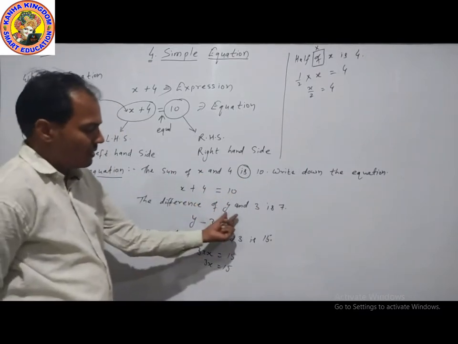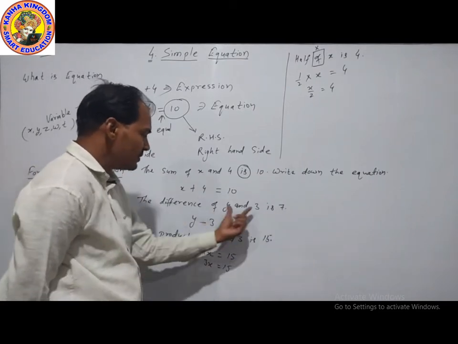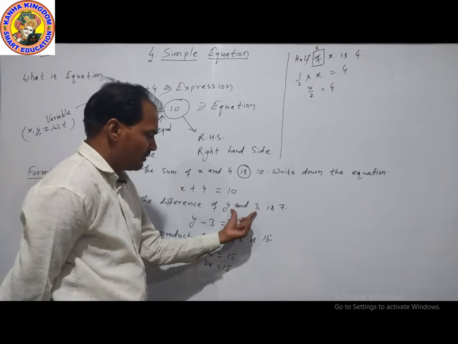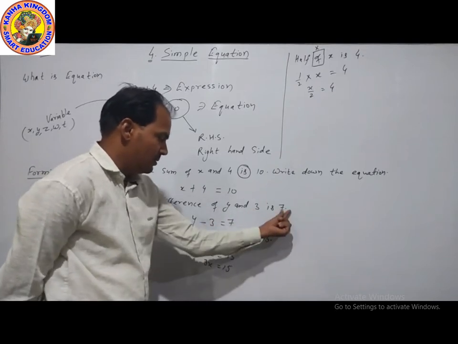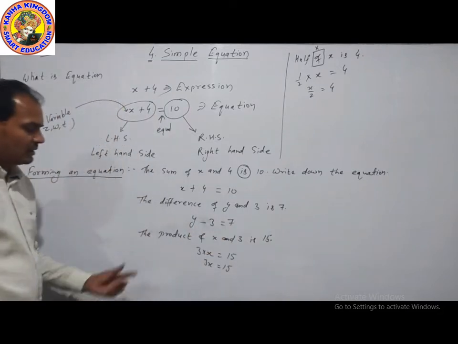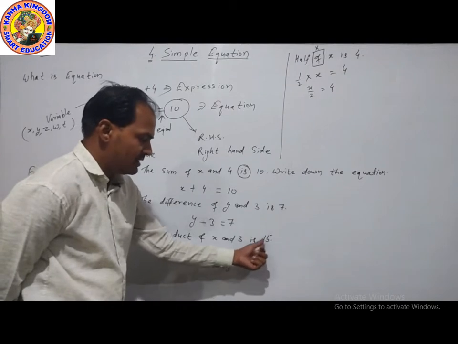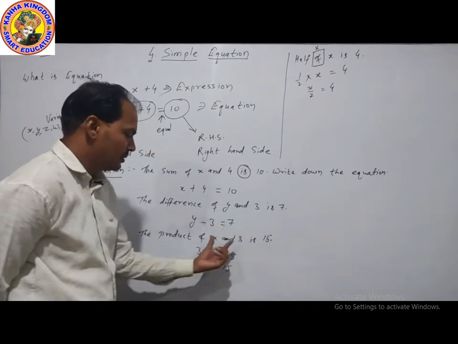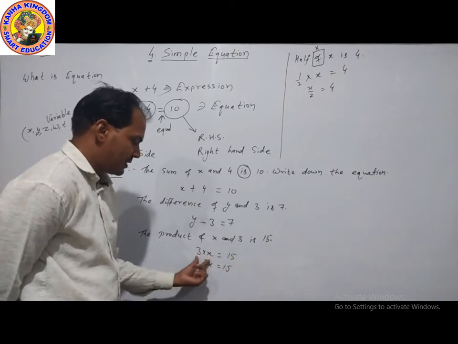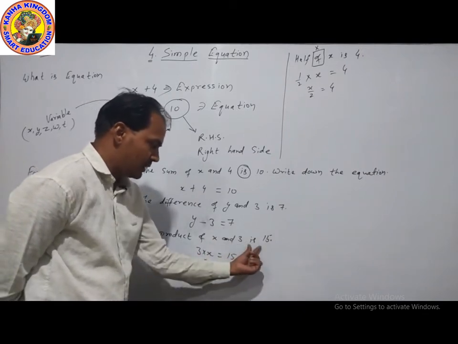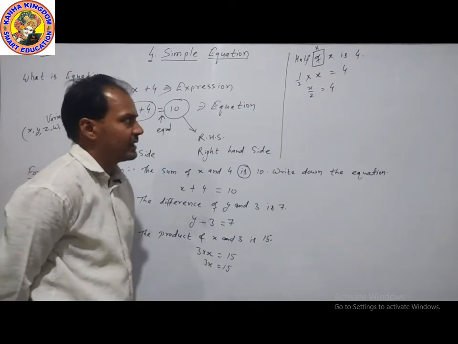The difference of y and 3 is equal to 7. Difference means subtraction, so y minus 3 is equal to 7. Now the next example is the product of x and 3 is 15. Product means multiplication. 3 into x is equal to 15. 3 into x is 3x.